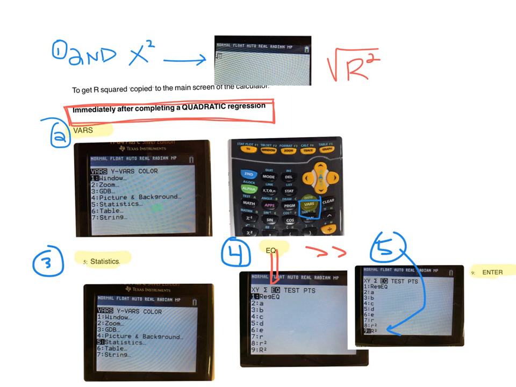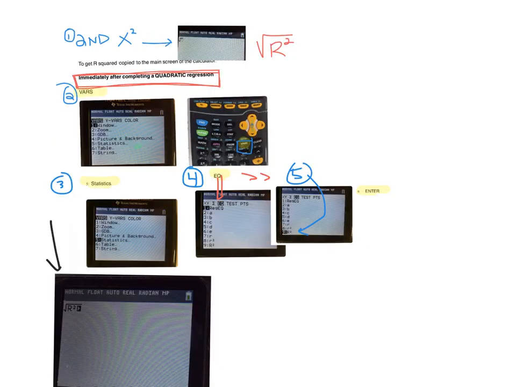Now, when you follow these steps in this order, on the main screen of your calculator, it should look like this. You're telling your calculator to take the square root of the last R squared value that you calculated.